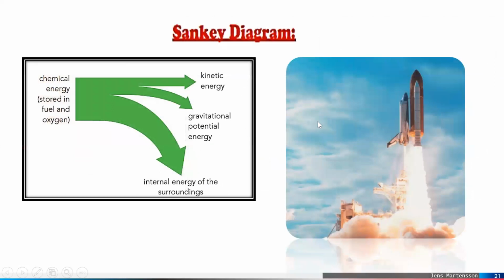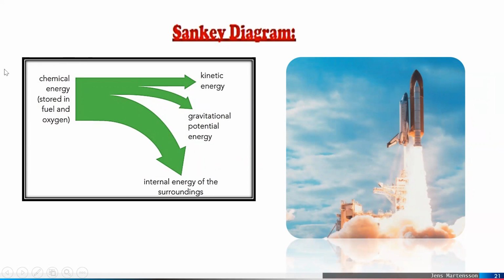The Sankey diagram is a simple diagram which represents the energy transformation from the input energy to the output energy. As we said before, the conservation law of energy says that energy is neither created nor destroyed, but it can change from one form to another form.